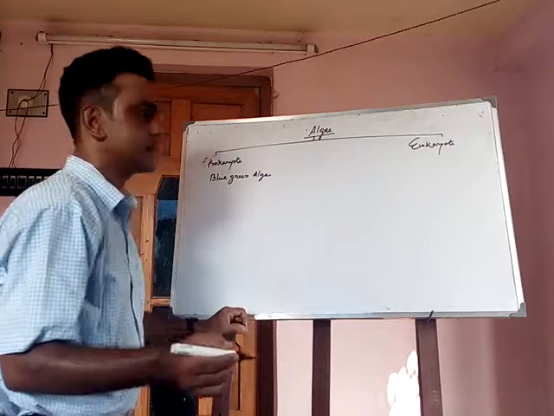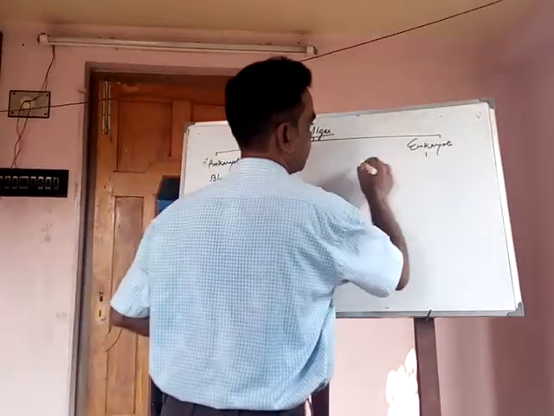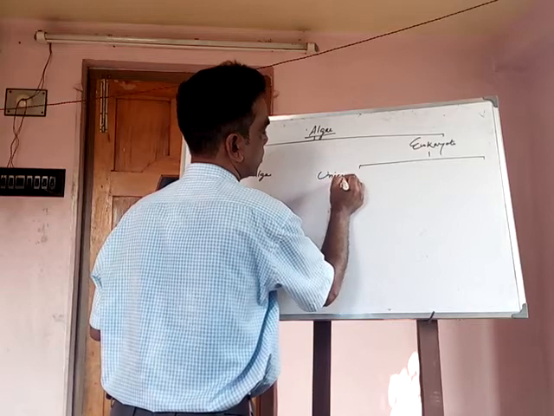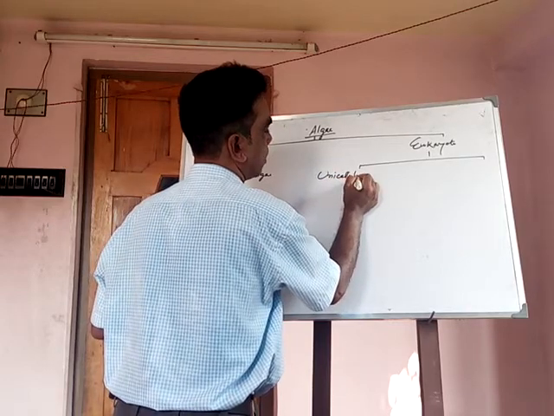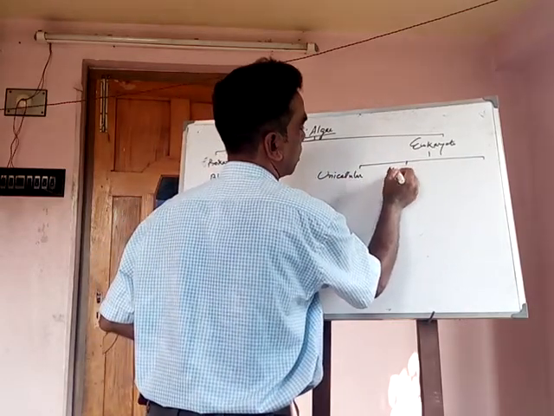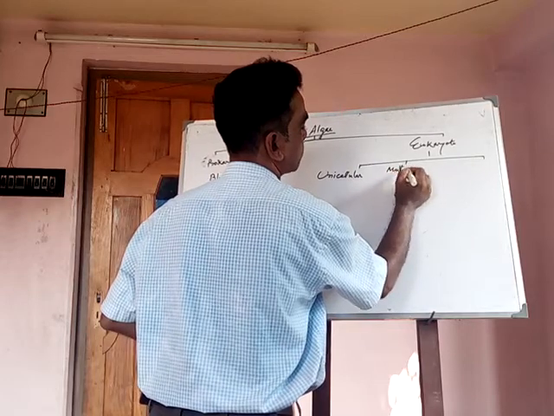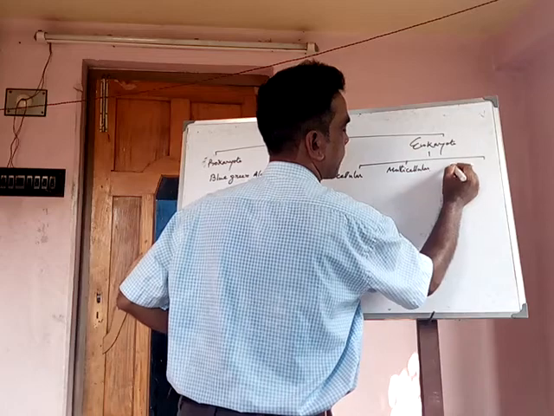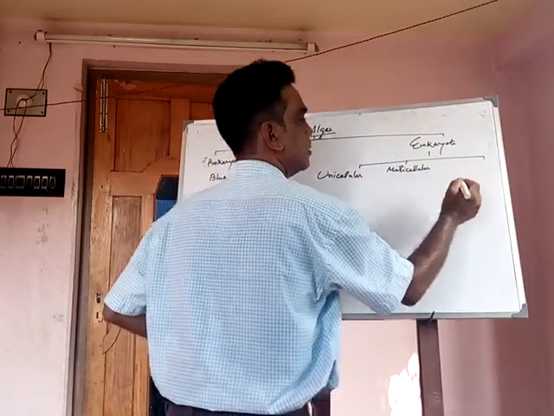But eukaryote algae are of three types: unicellular, multicellular, and colonial.